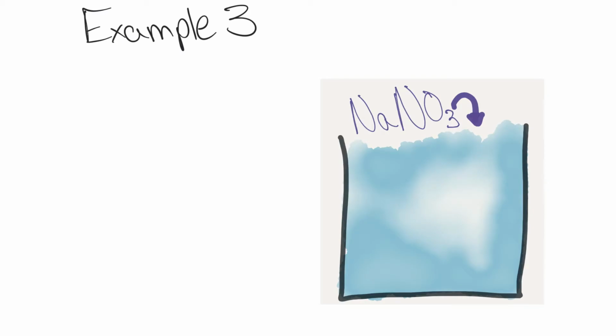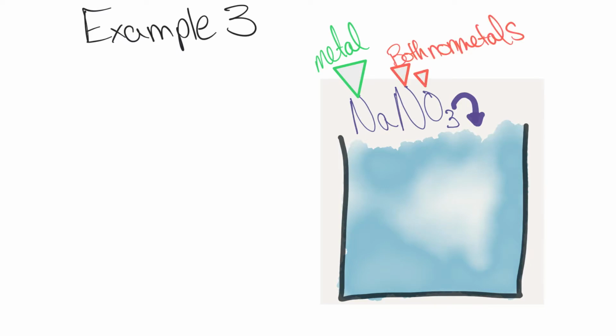Alright, example number 3. We're going to take a look at how polyatomic ions dissolve. So here we have the example of sodium nitrate. I know that I have a polyatomic ion because after the metal sodium, the first capital letter, I see more than 1 nonmetal. So they need to be a polyatomic ion in order to form an ionic compound with the metal.